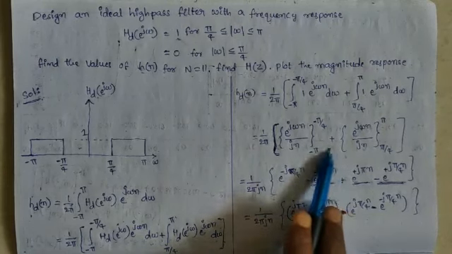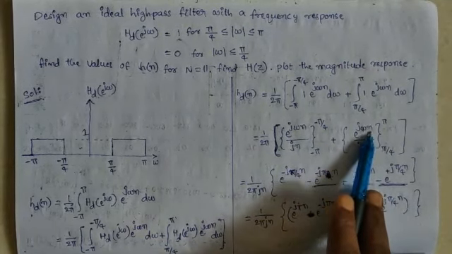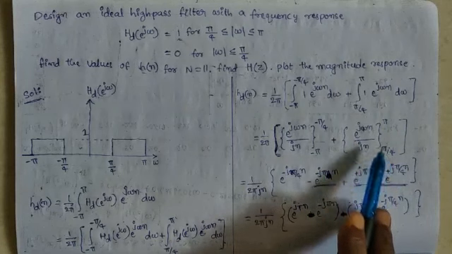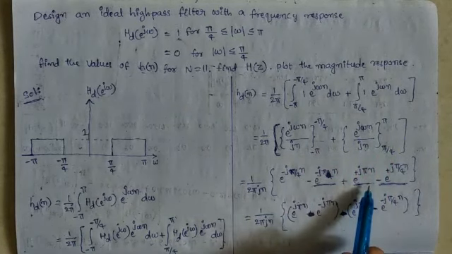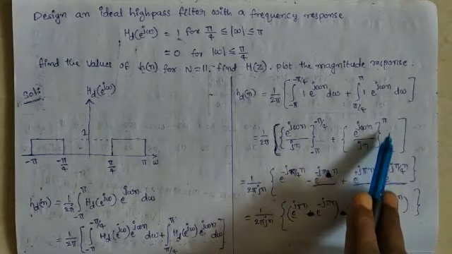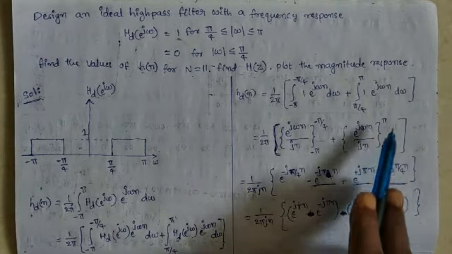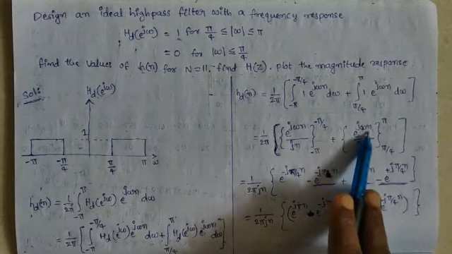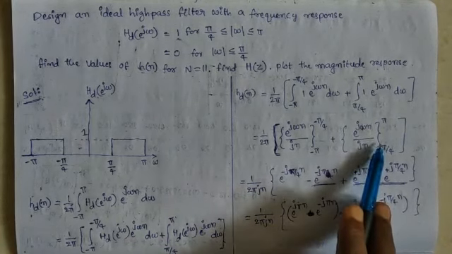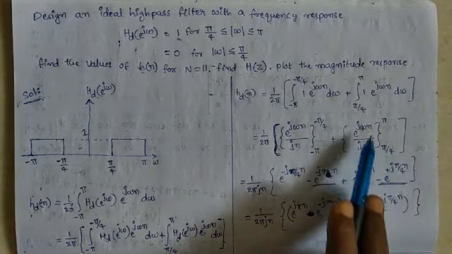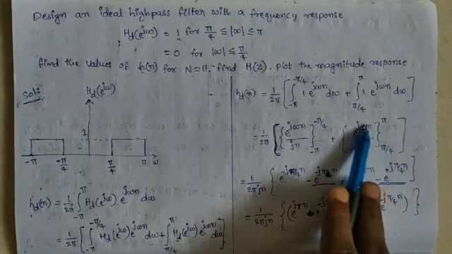Plus, here also we substitute the upper and lower limits: first the upper limit e power j pi n, minus e power j pi by 4 n.